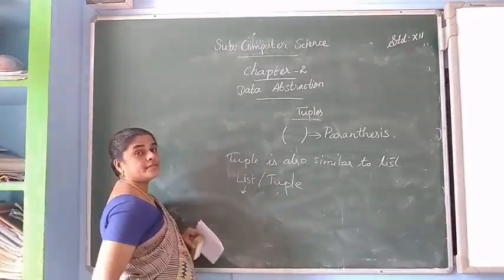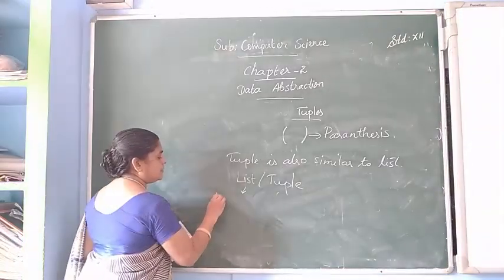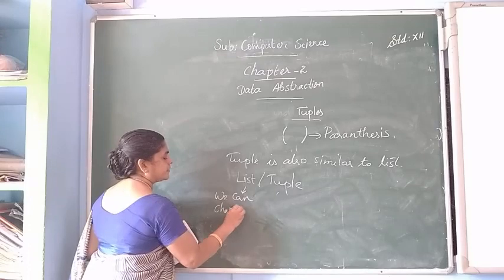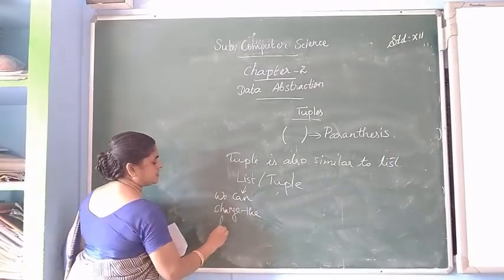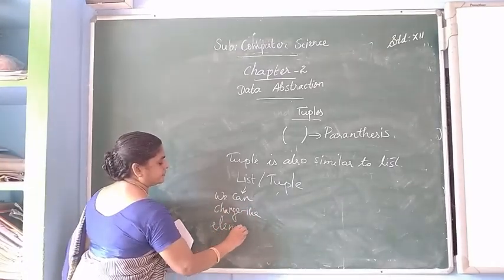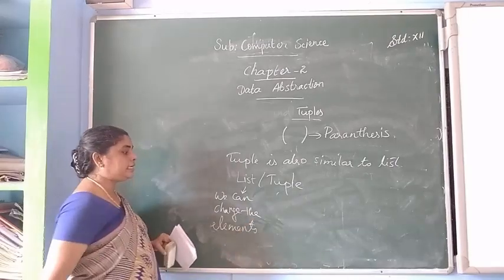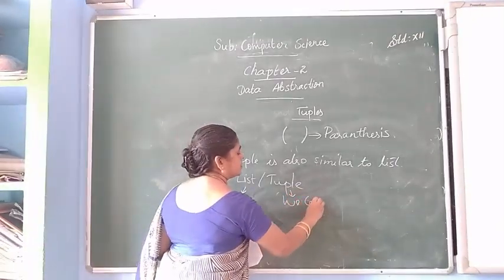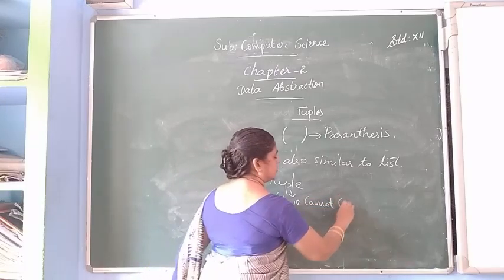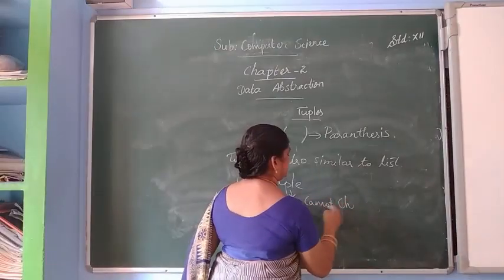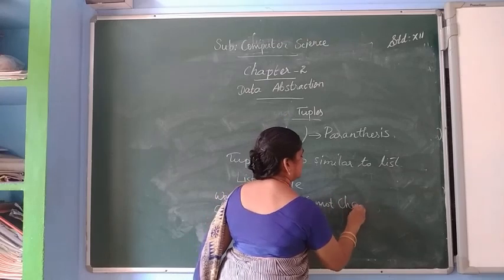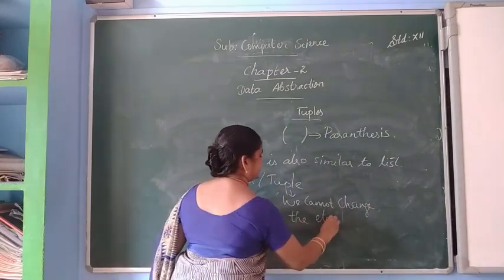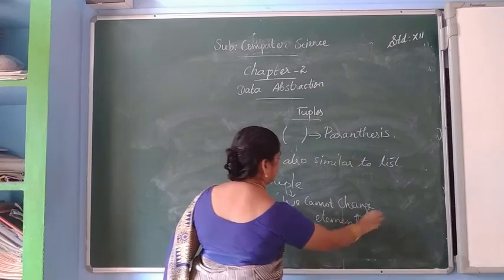Here in list, we can change the elements. Here in tuple, we cannot change the elements.